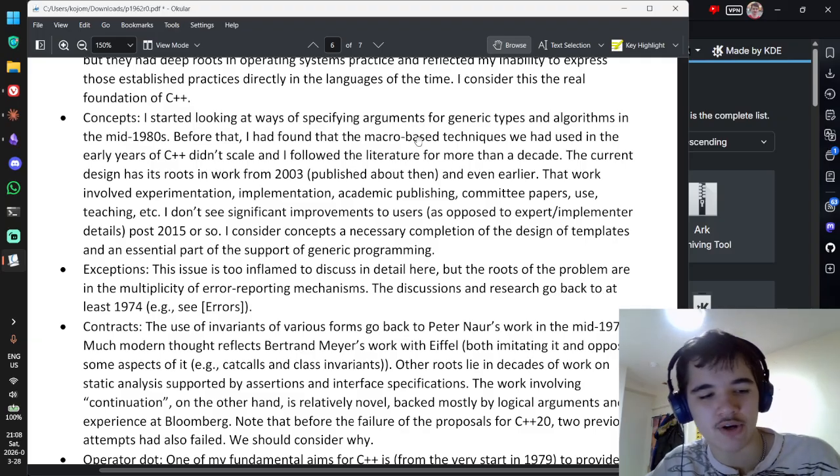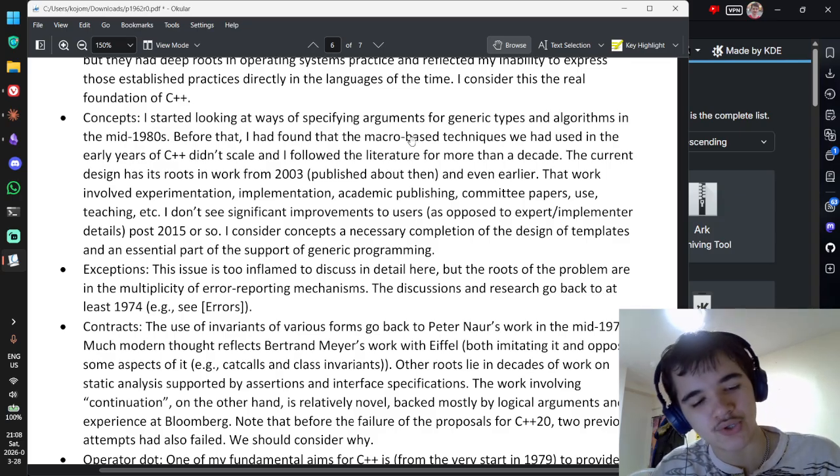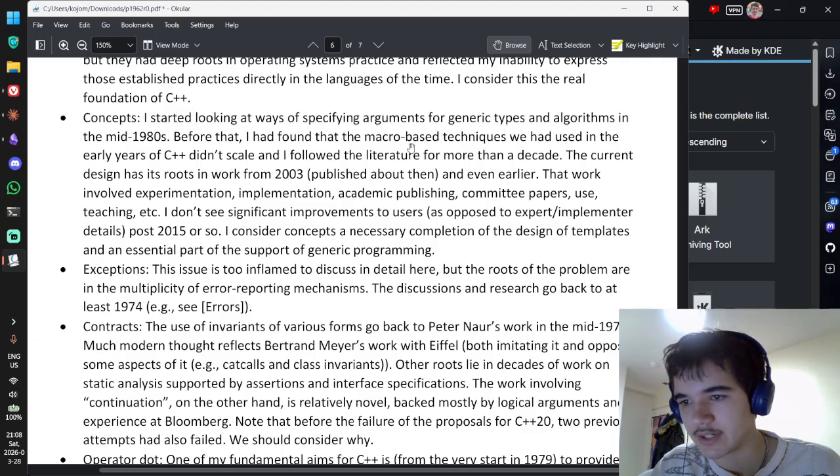It's also interesting to see how concepts, given they have existed as an idea for so long, compare to traits, because they are different. And Zig actually leans towards concepts, which is also very interesting. "I don't see significant improvements to users." Yeah.